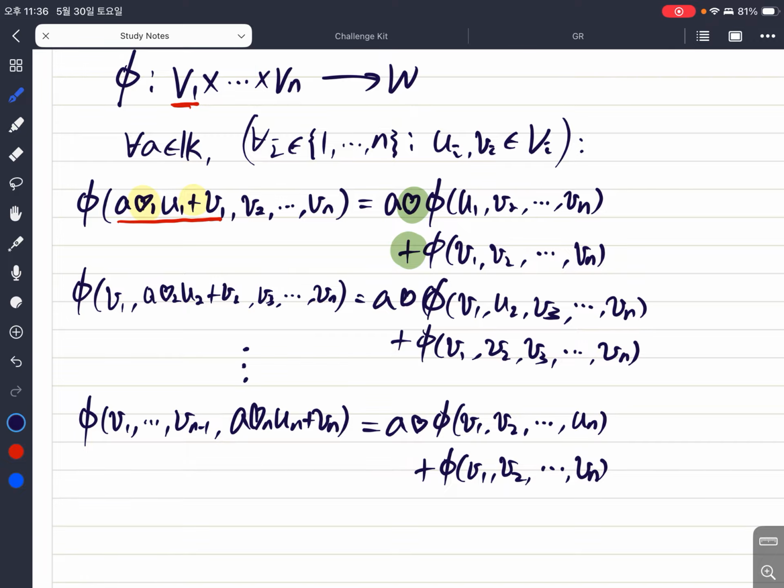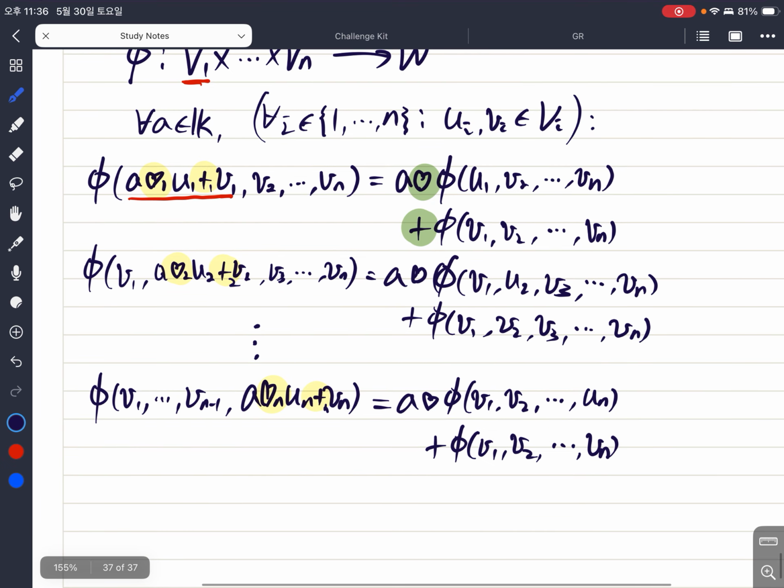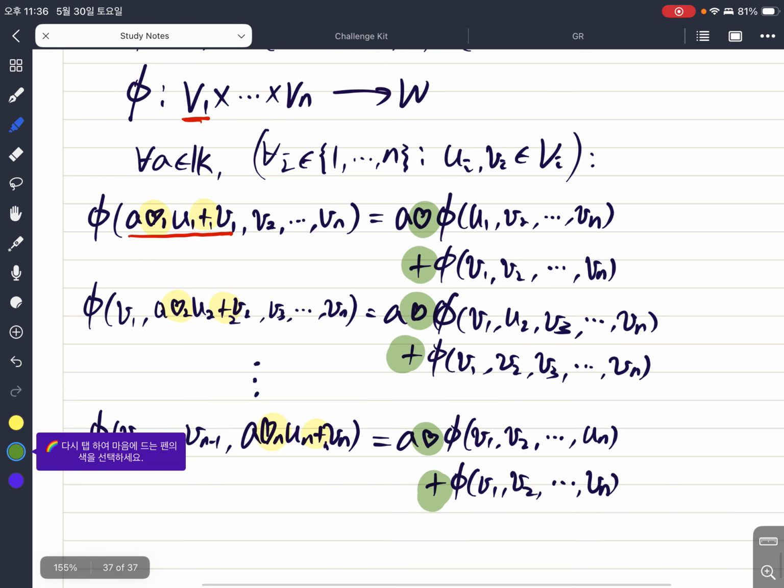So addition and scalar multiplication in each slot. Sorry, I forgot 2 here, 1 here, so n here. So addition and scalar multiplication in the domain of each slot becomes addition and scalar multiplication in the target space.